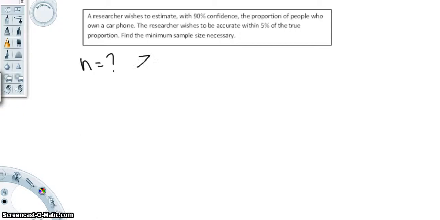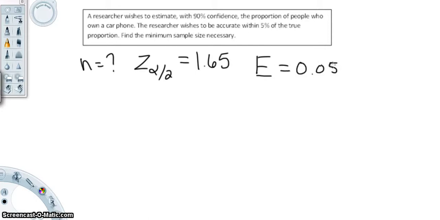We do know that we have a z sub alpha over 2, which is 90% confident, which is 1.65. We also know that we need our estimate to be within 5%, so we have 0.05. But we don't know what p hat equals. We don't know what q hat equals. So both p hat and q hat are going to equal 0.5.